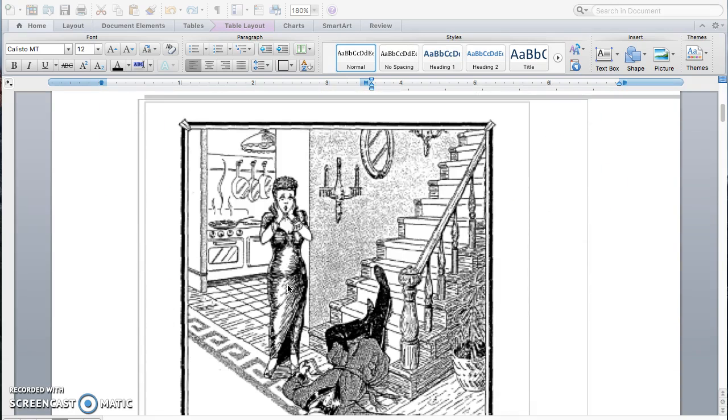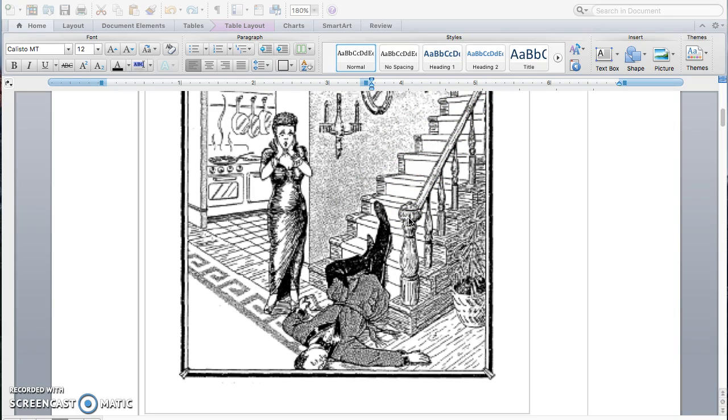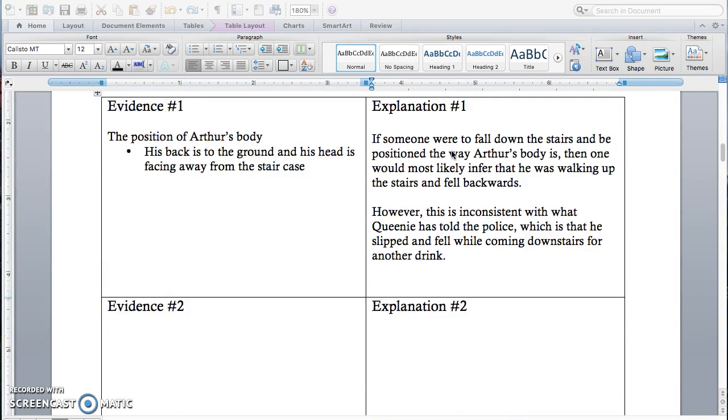So, if you use logic here, if one were to be walking down the stairs, it seems very improbable that they would be lying in this position, right? Because logic would have it that if someone's walking downstairs, chances are they would fall head facing away from the staircase, stomach to the ground, not back to the ground.